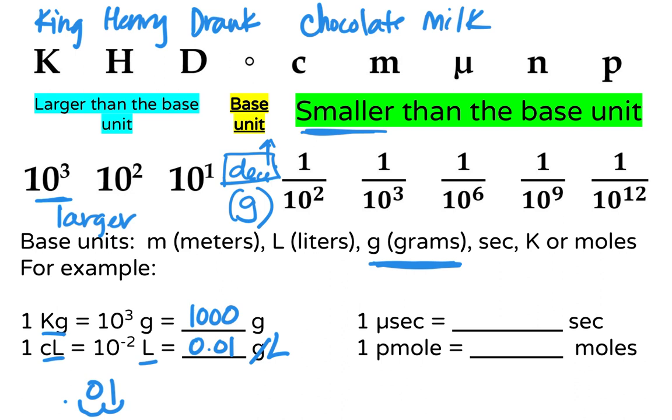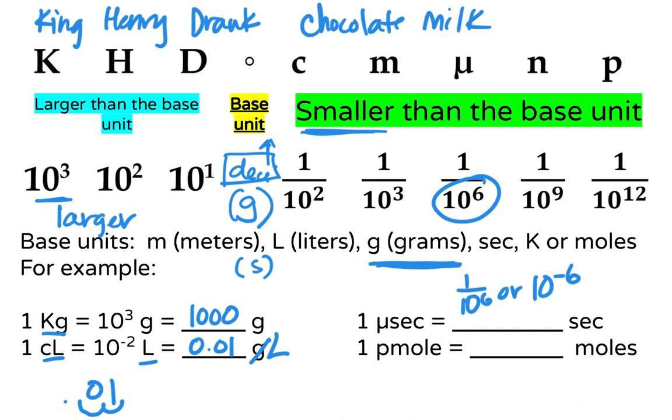Then you have 1 microsecond. If you look to the top here, there are 10 to the 6th microseconds for every 1 second, because that would be our base unit here. My answer would be 1 over 10 to the 6th, or 10 to the minus 6 seconds.